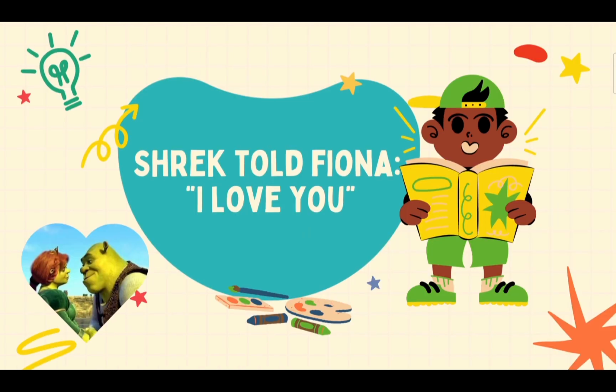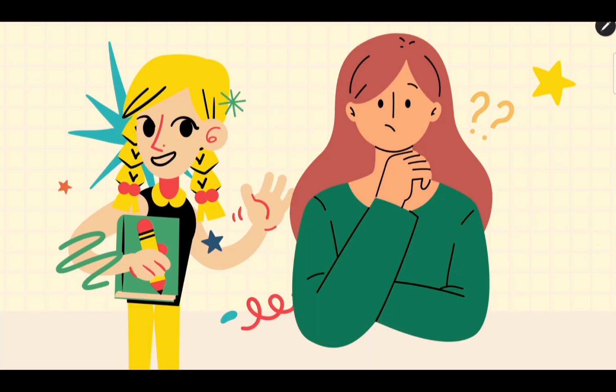We have here a statement. Shrek told Fiona, "I love you," right? Well, now let's check a context. Here we have Sarah. Sarah is a girl who saw Shrek yesterday. And Sarah told her mother, "Hey mother, I saw Shrek.